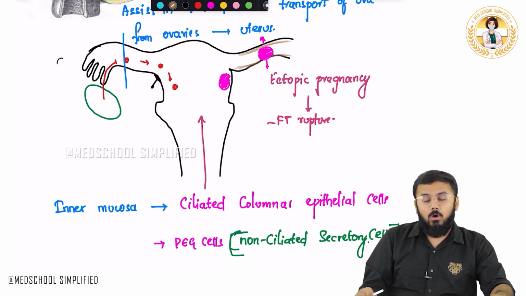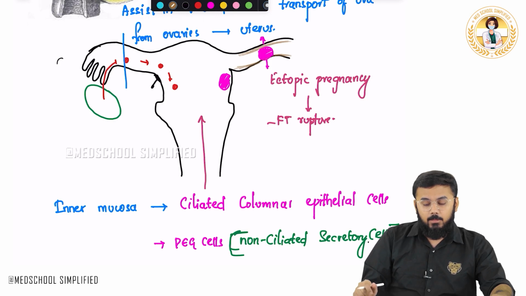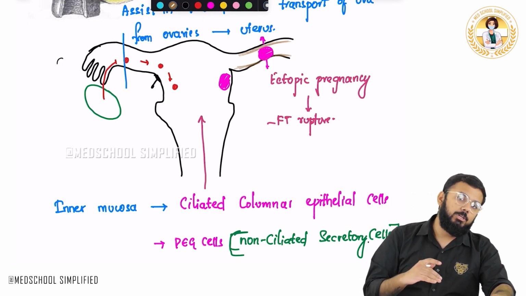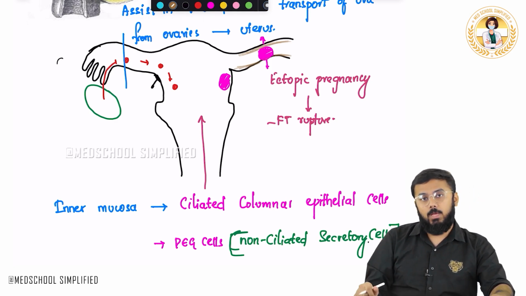So how will ova go all the way to the uterus? It is because of fallopian tube contraction. How is the fallopian tube contracting? Because it has smooth muscle inside. So it is because of the smooth muscle that the fallopian tube contracts and there is transportation of ova. Not only ova, even the transportation of sperm also happens.